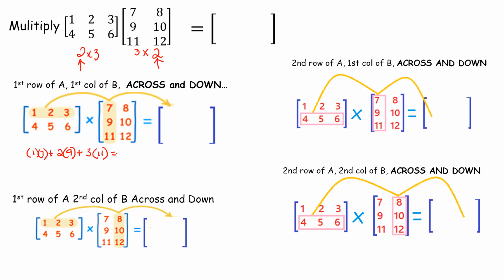And we add that up, and we get 7 plus 18 plus 33, and that's going to be 58. And that is what will go in our first row, first column. So I'll just go ahead and put it up here.